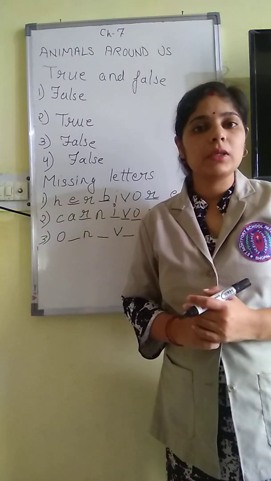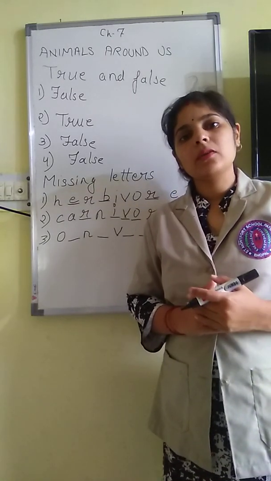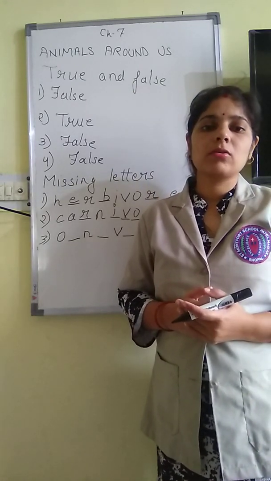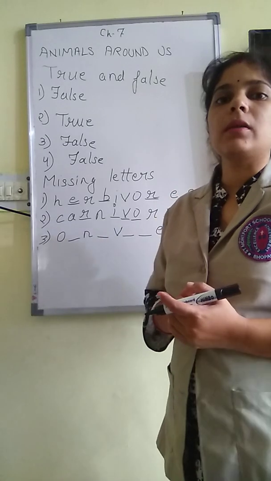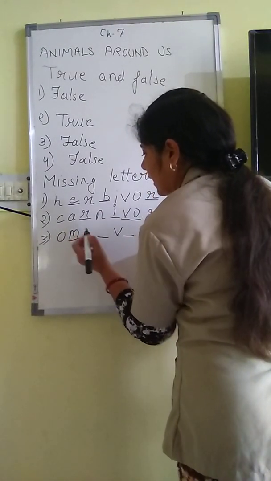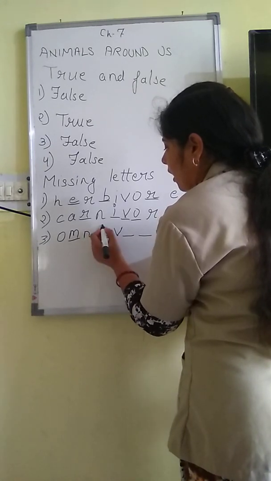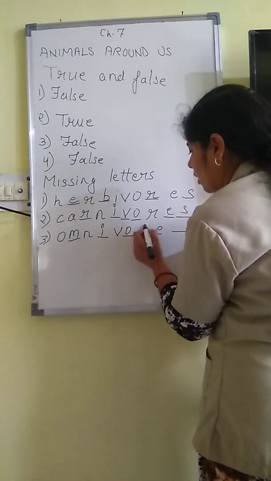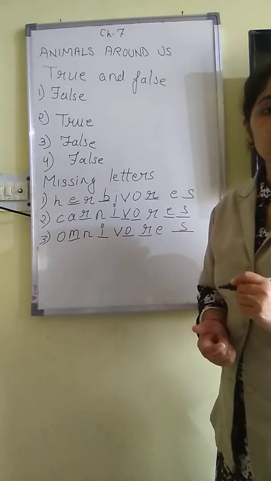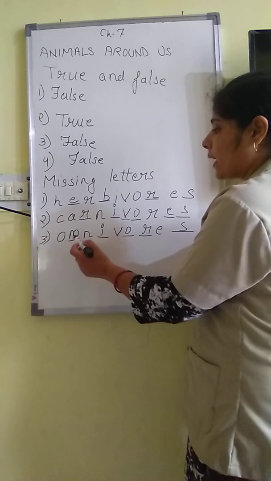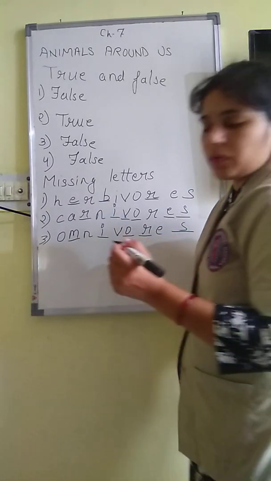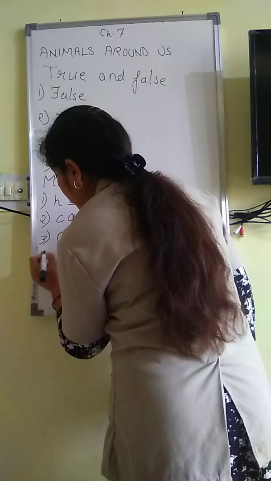Bear and duck are which kind of animals? Bear eats both plants and animals. So such animals are called omnivores. So here in the blank you will write M-N-I-V-O-R-E-S. Please write out the spelling. It is omnivores. O-M-N-I-V-O-R-E-S.